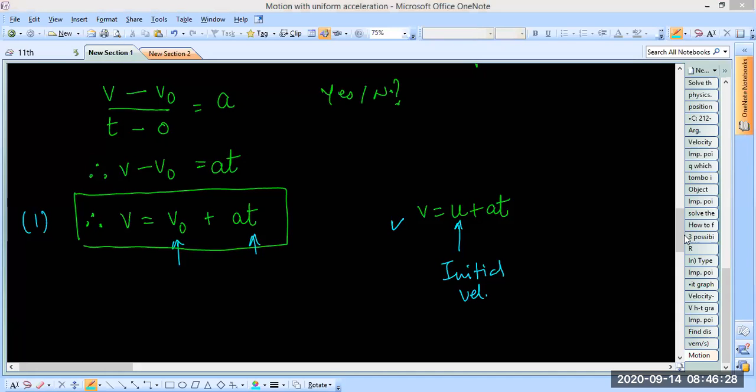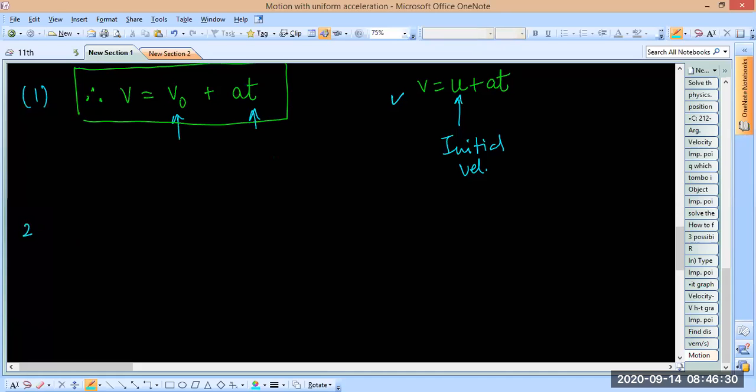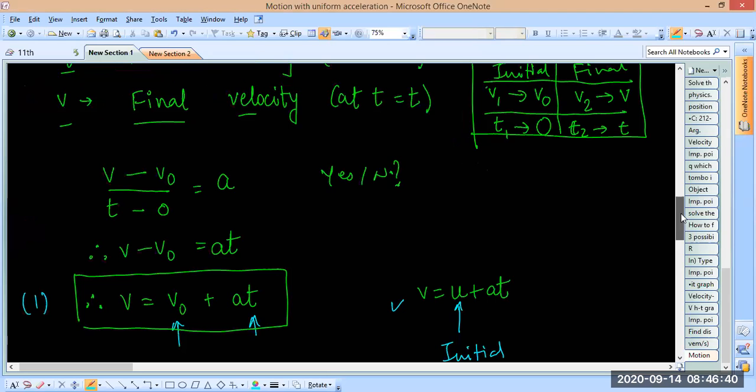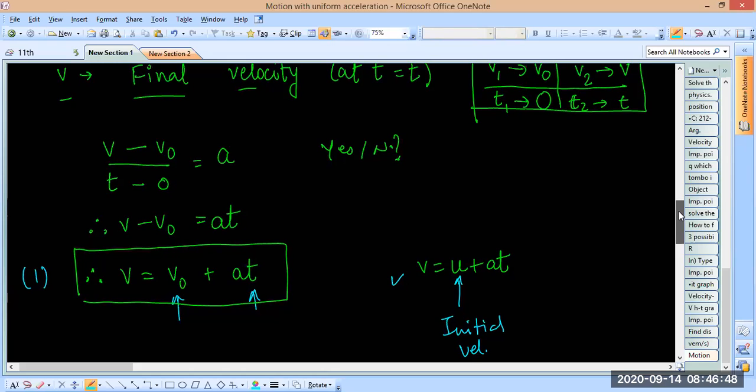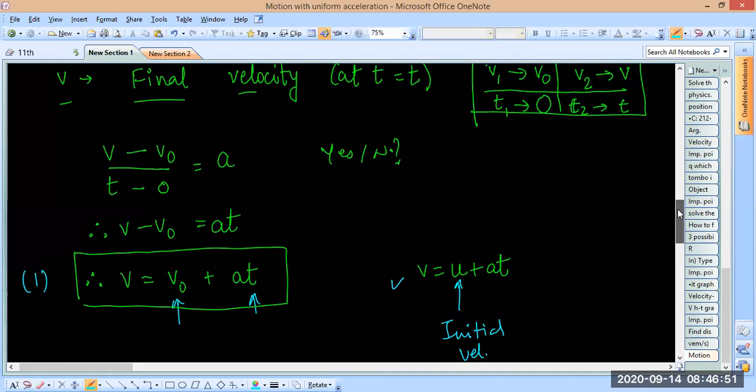Now for the second one, this is not the proof of what we learned earlier. This is a derivation, and you have to learn how to derive it. Yes, this is like a theorem. Don't mug it up.